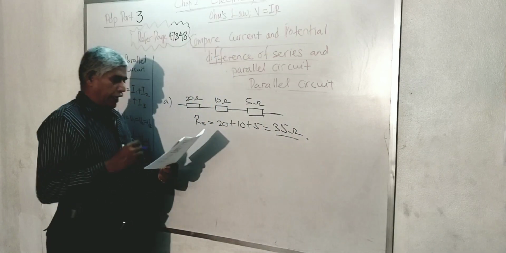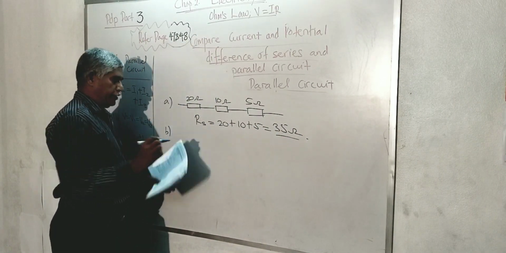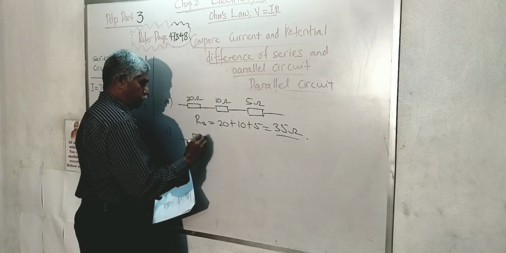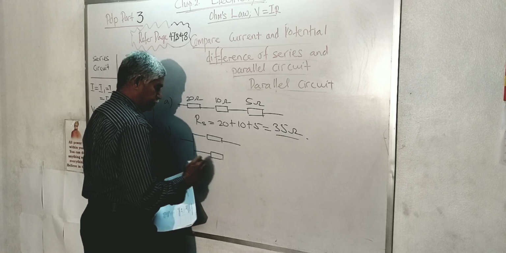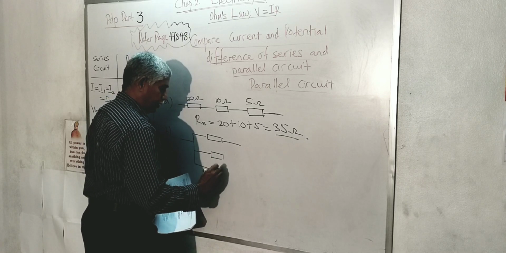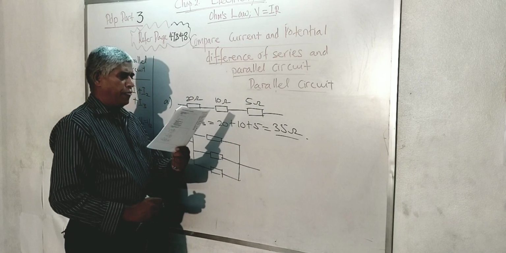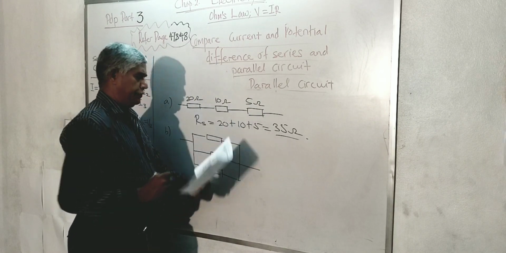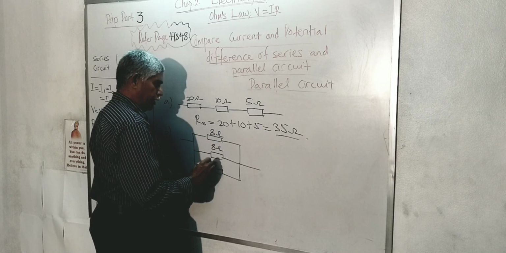That's all. And if you look at the second one, it is a pure parallel circuit. Look, they are given 3 resistors here in parallel, and each resistor has a value of 8 ohm, 8 ohm and 8 ohm.